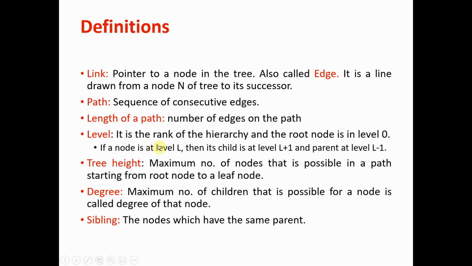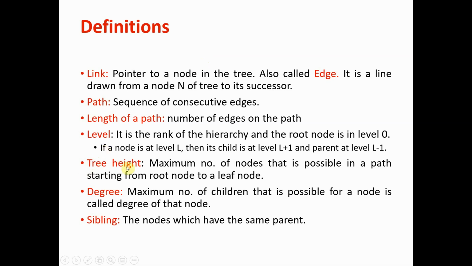If a node is at level L, its children are going to be at level L plus 1, and its parent is at level L minus 1. So the level of the nodes goes from 0 upwards as we go down through the hierarchy, and it's incremented one at a time when we go through different levels.